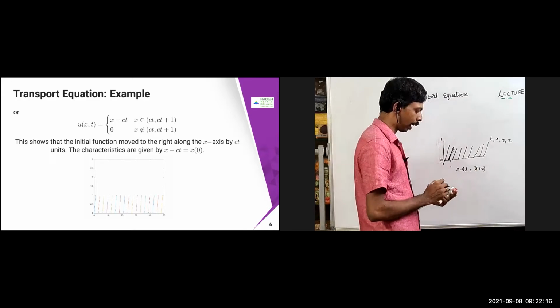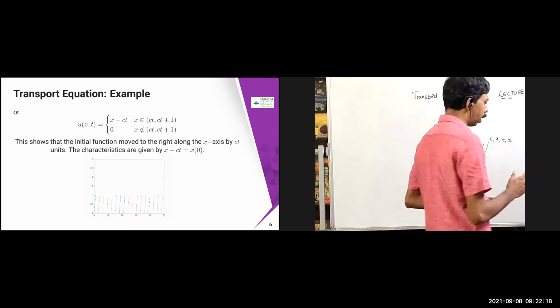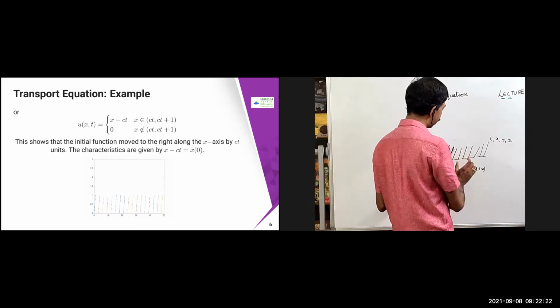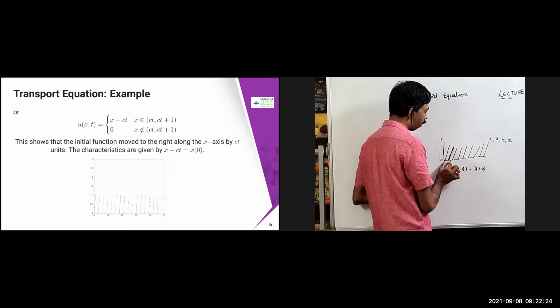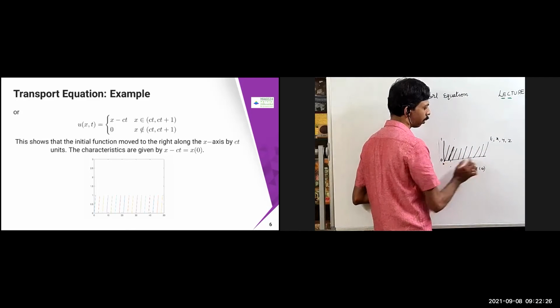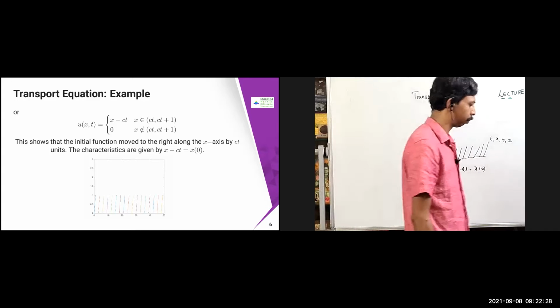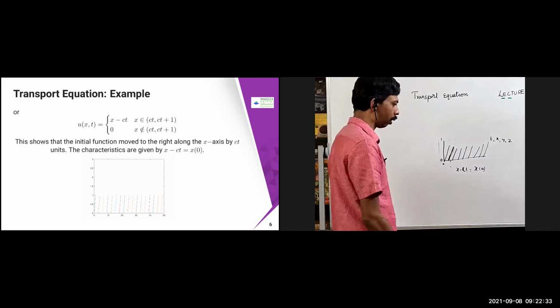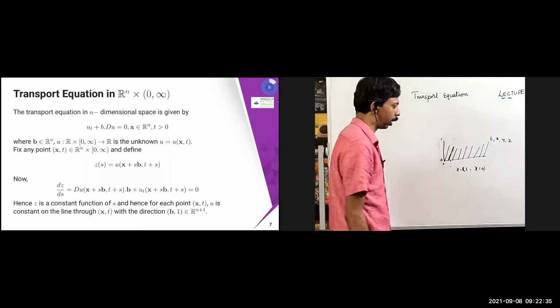So the initial function is moved along the x-axis by ct units. Whatever t you give, it is going to be moved ct units, so there will be infinitely many such curves depending on c and t.